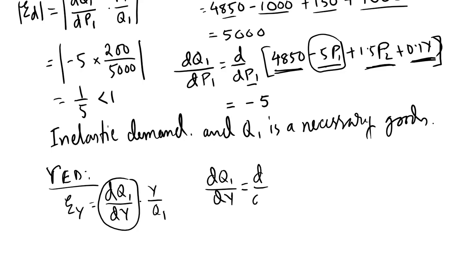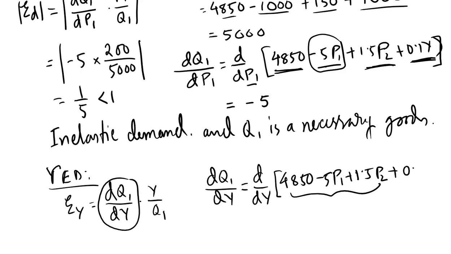Again, if you take the derivative with respect to Y, I need to consider P1 and P2 as constant. If I do that, all these three terms derivative should be 0. So in other words, I have 0.1, my bad.